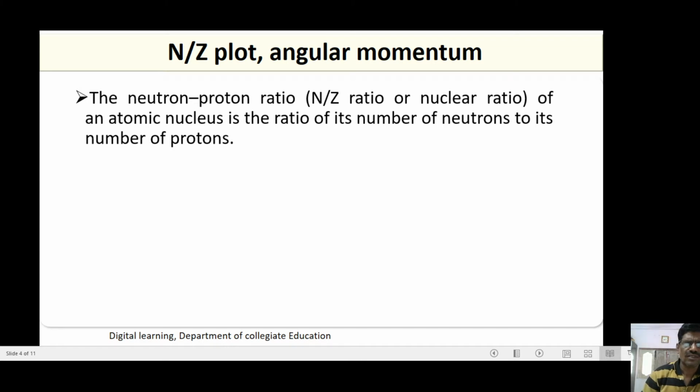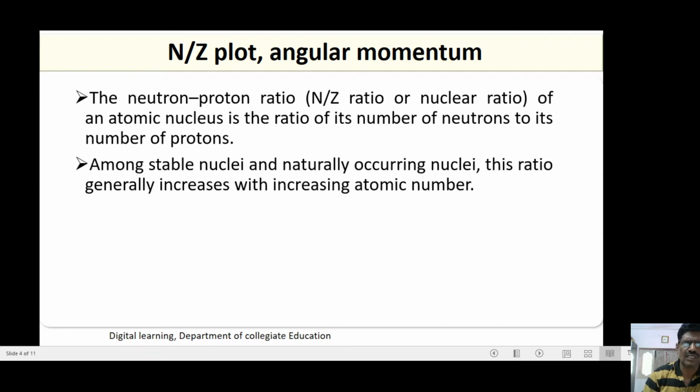So neutrons per nuclear atomic number plot, angular momentum continued. The neutron-proton ratio, N by Z, or nuclear ratio of an atomic nucleus, is the ratio of its number of neutrons to its number of protons.